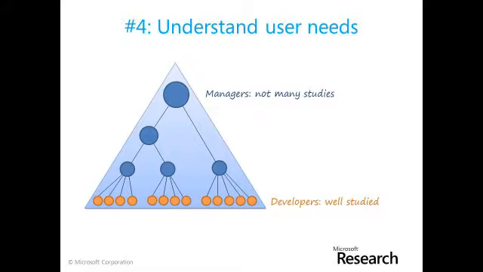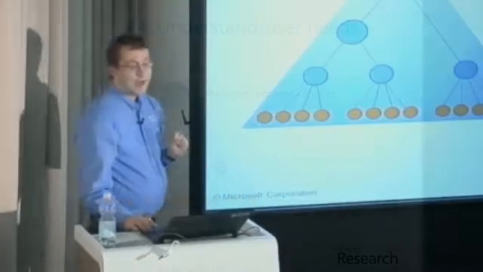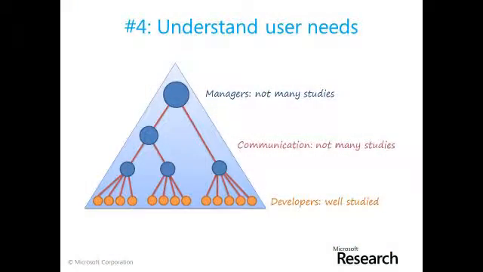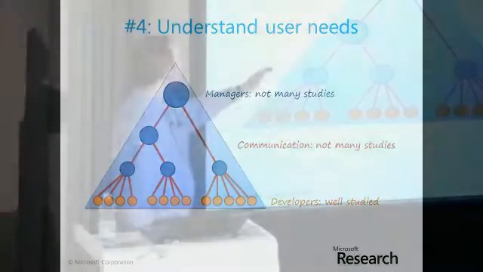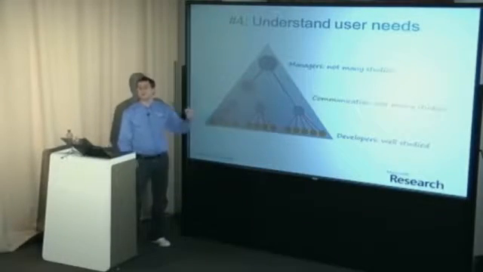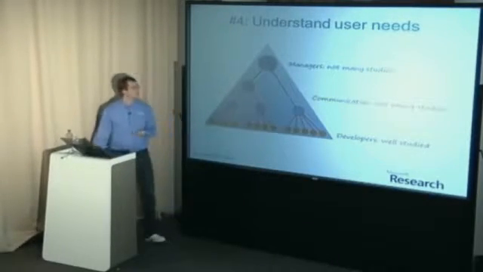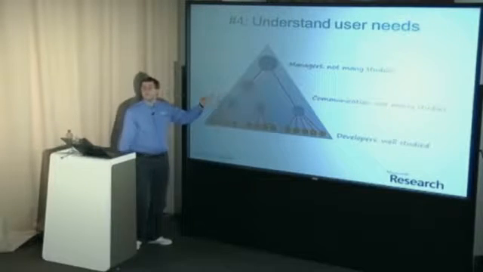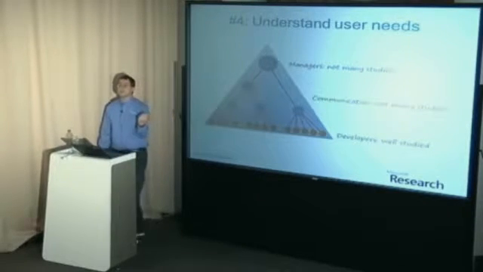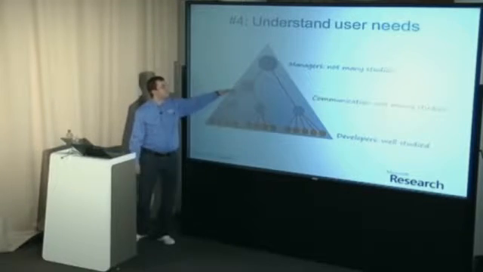I would argue that we don't know too much about managers, okay? And especially we don't know a lot about the communication that takes place between the different levels. And that's where typically data is used to make decisions. A manager uses some data to communicate a decision that he has made, either to his managers or to his reports.